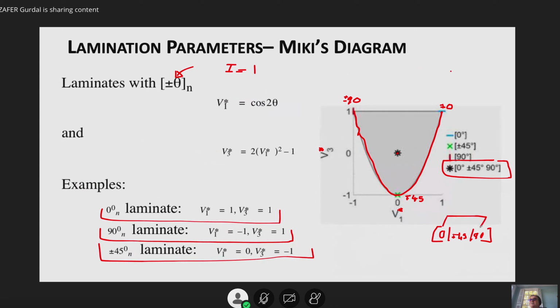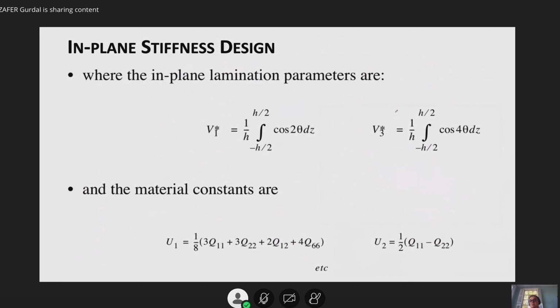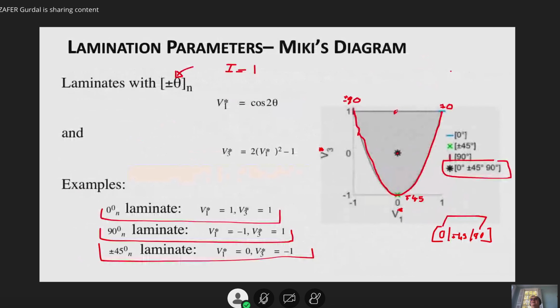Equal amounts of 90 degrees and 0 degrees always give me the point here. Equal amount of plus minus 45 is halfway between these two.